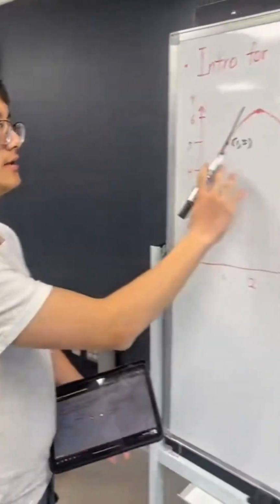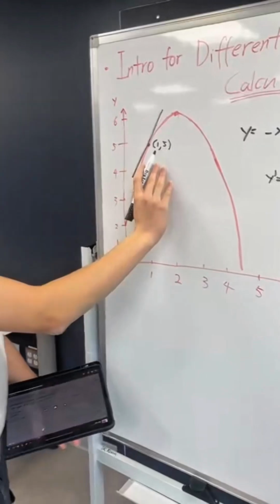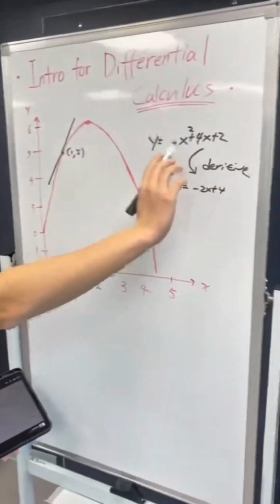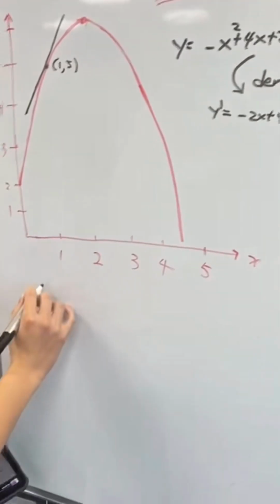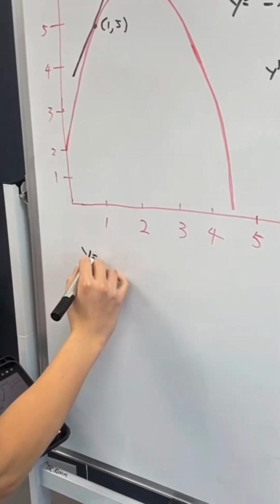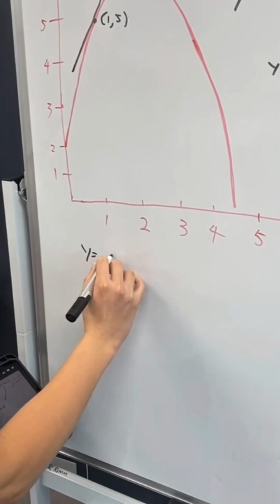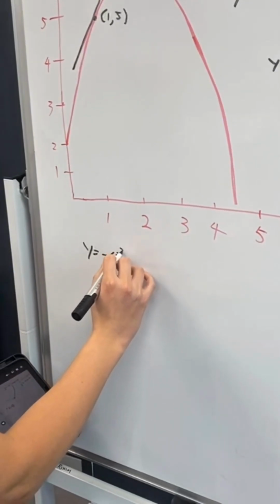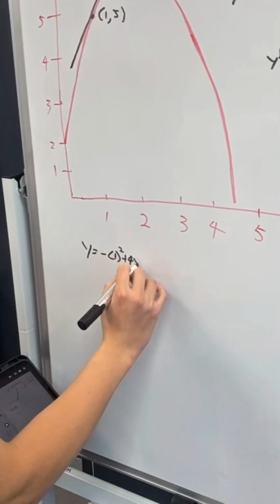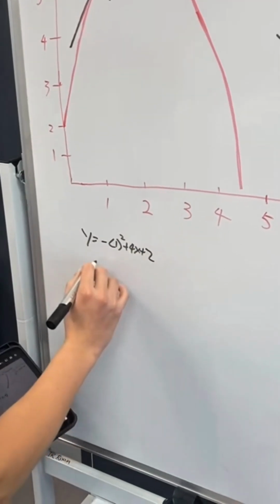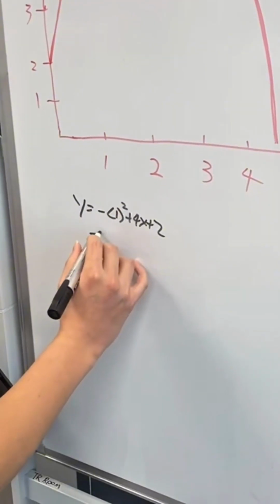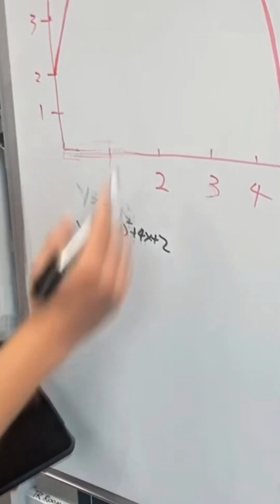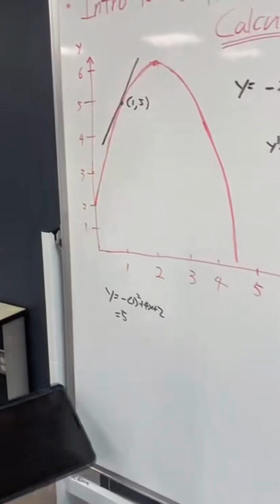By subbing the x value into the equation for the curve, let's write it down here, it will be y equals negative 1 squared plus 4 times 1 plus 2. After all the calculation, it ends up as 5, as the point suggests.